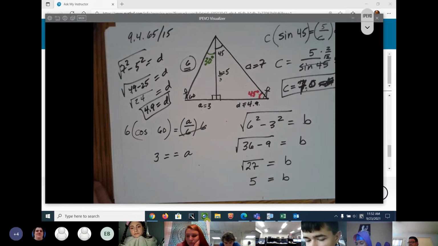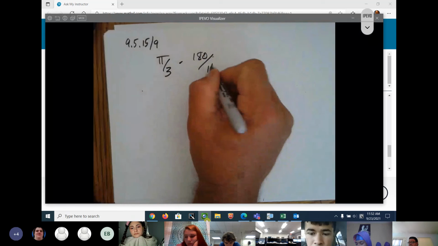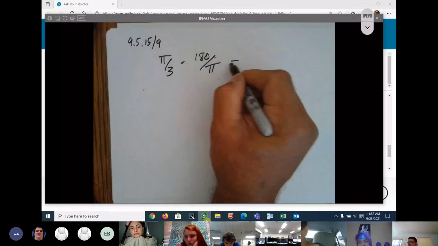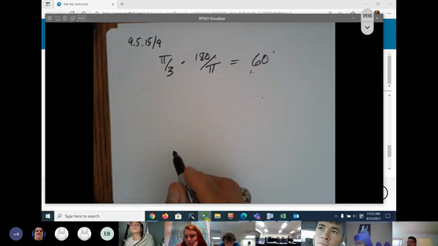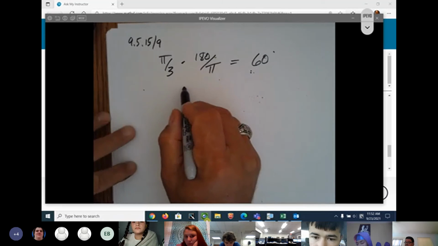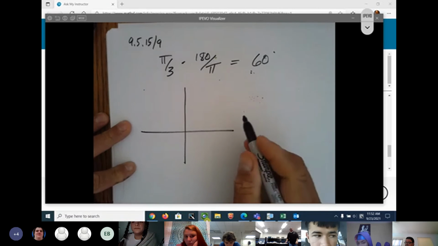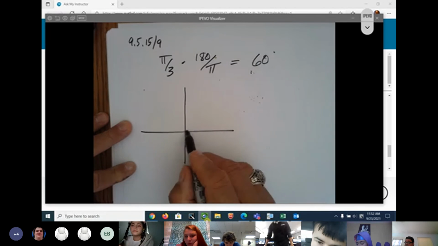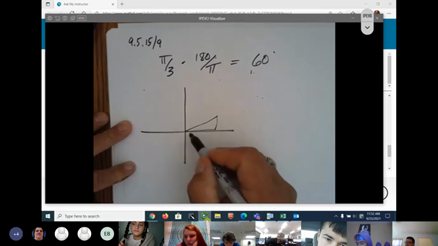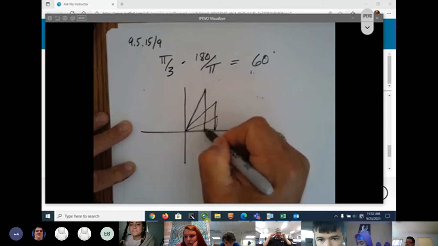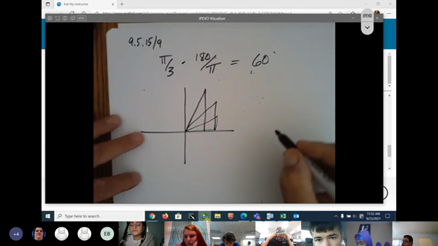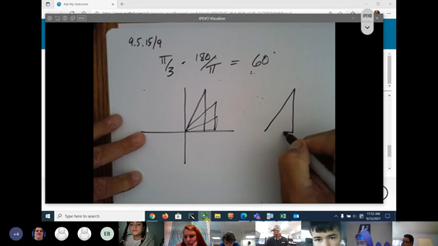Pi over 3 multiplied by 180 over pi. And that's what? 60? So that's a special angle, isn't it? And 60 degrees is where? It's in the first quadrant, right? Here's the 30-degree angle. There's the 45-degree angle. 60-degree angle's right there. 60 degrees.